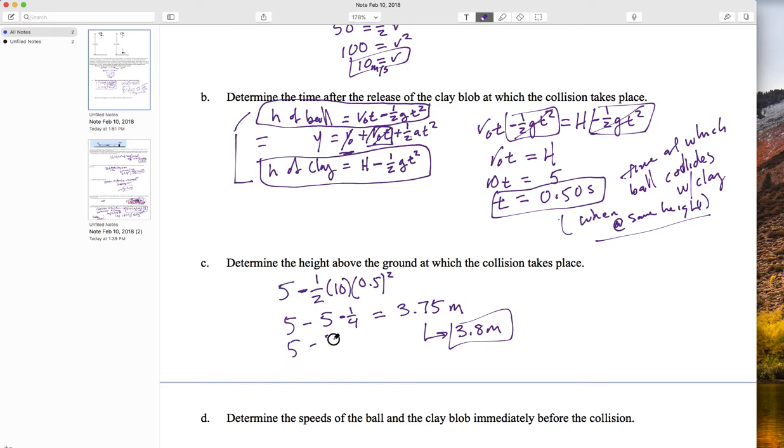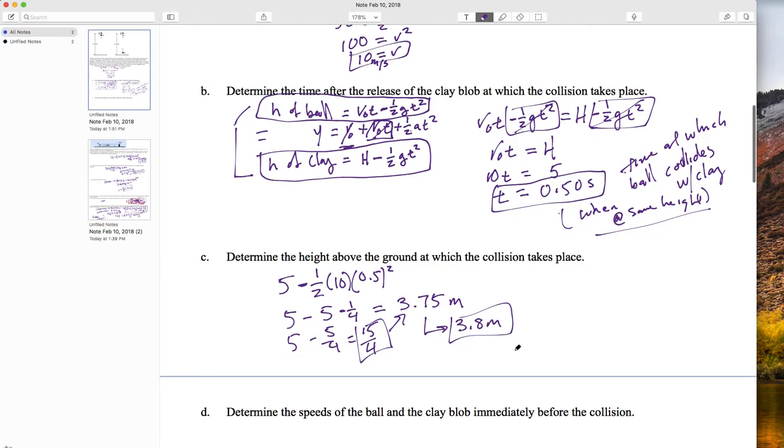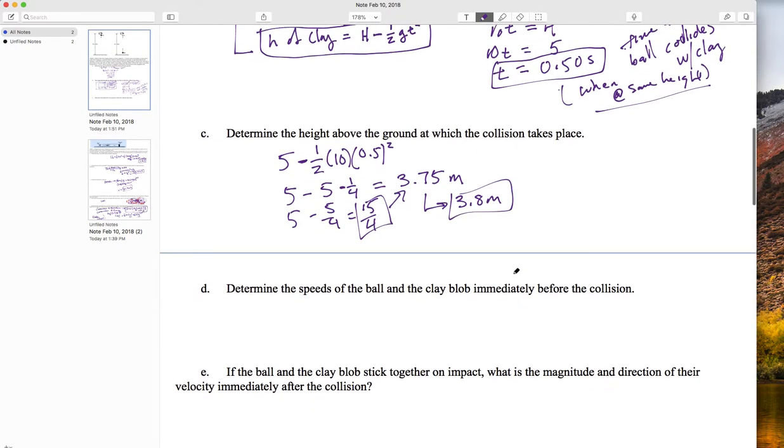It's 5 minus 5/4, which is equal to 15/4. So we find that we collide at this point at 3.8 meters above the ground, or 3.75 meters above the ground.